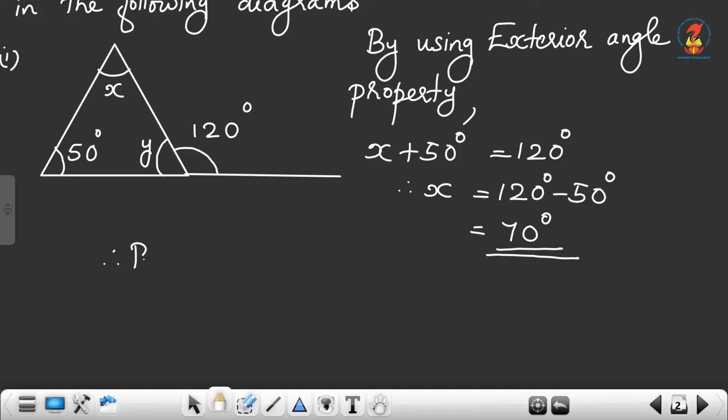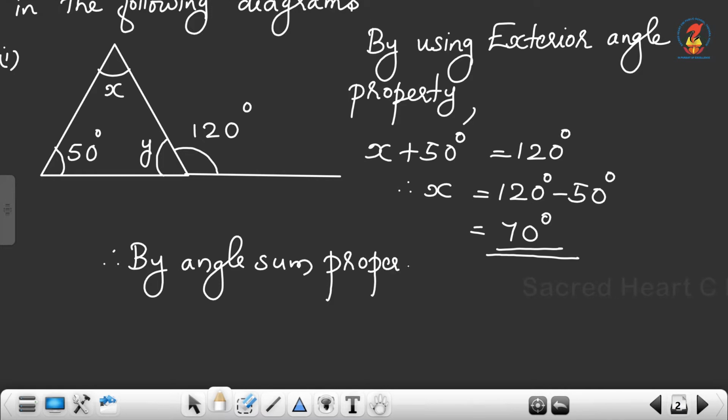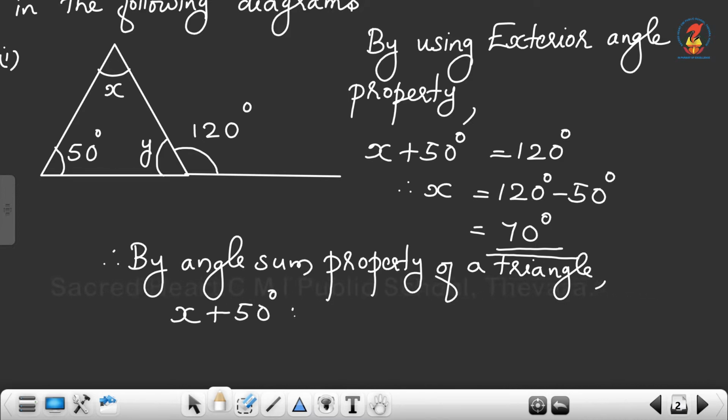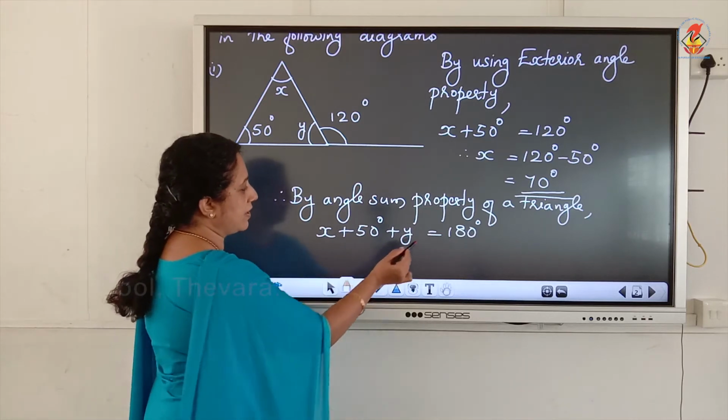Therefore, by angle sum property of a triangle, x plus 50 degree plus y equal to 180 degree.